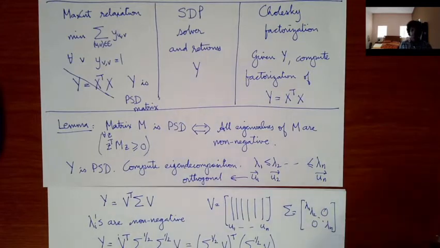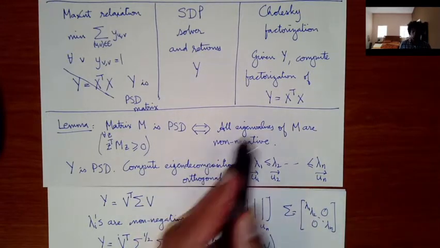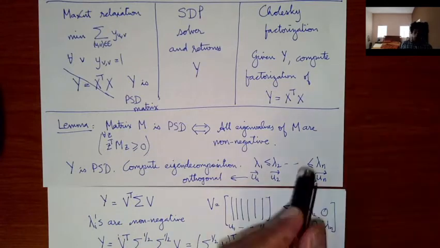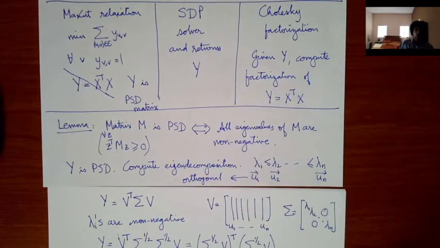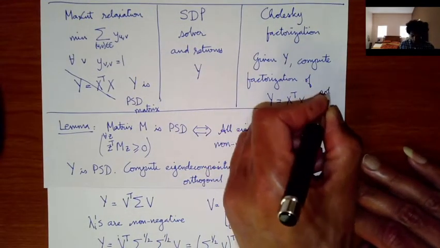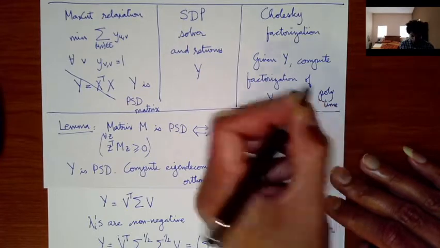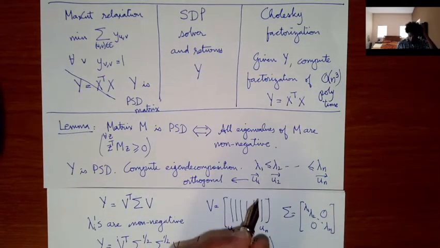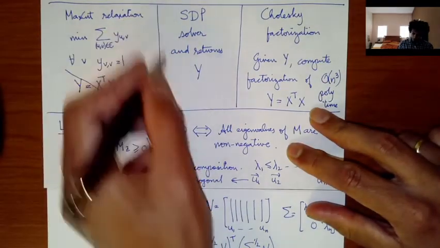Now from our standpoint, we will ignore the actual computations and just say, given Y, you can compute a factorization in polynomial time. I think technically you can do it in O of n cubed time.